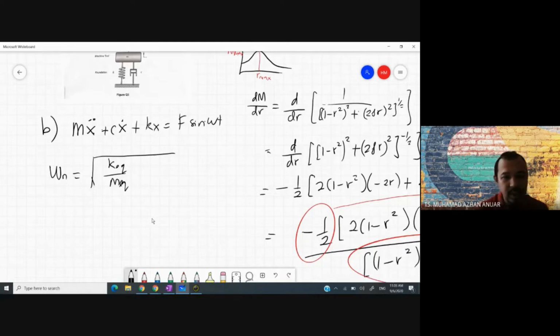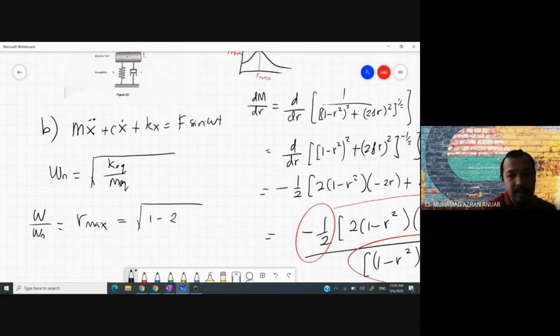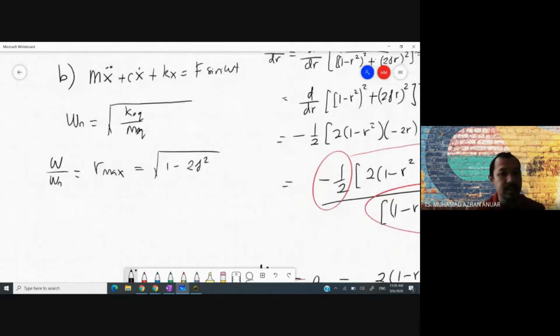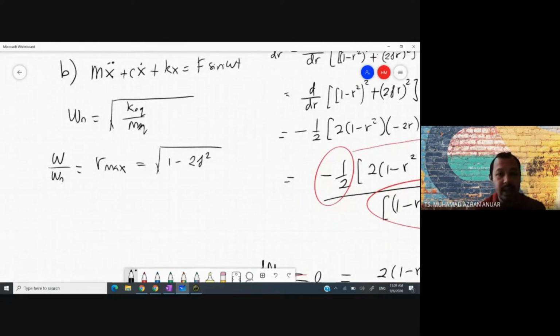We know that omega divided by omega n is equal to r max, which we derived before, which is equal to the square root of 1 minus 2 zeta squared. Let's define all the maximum values.